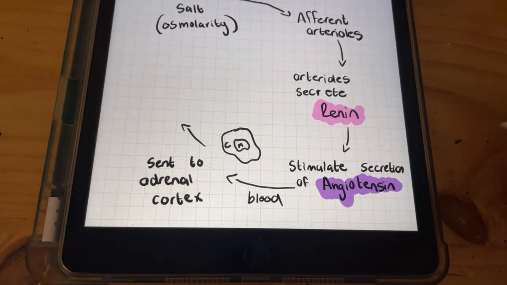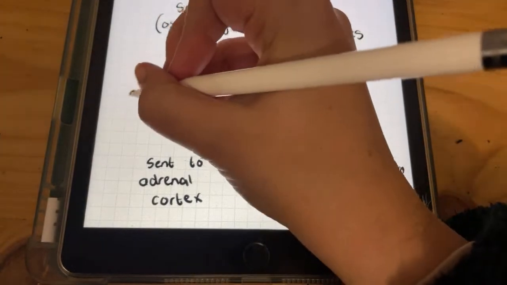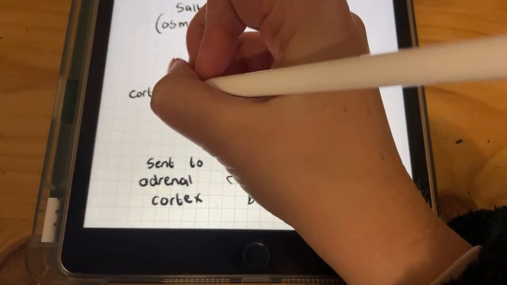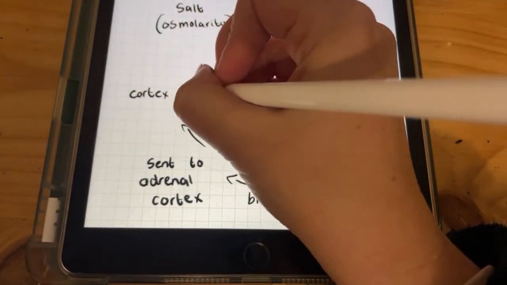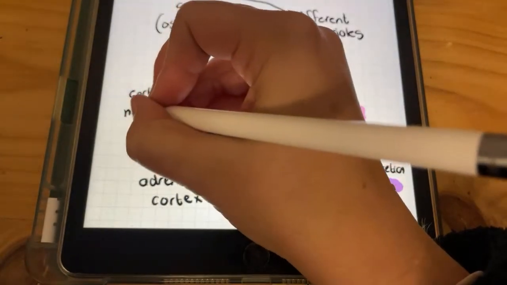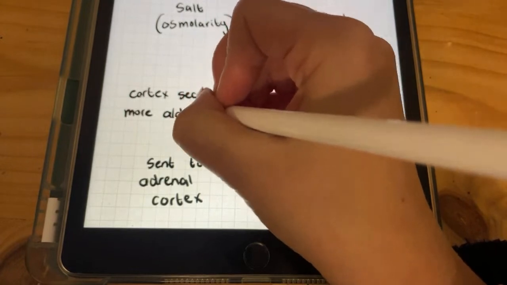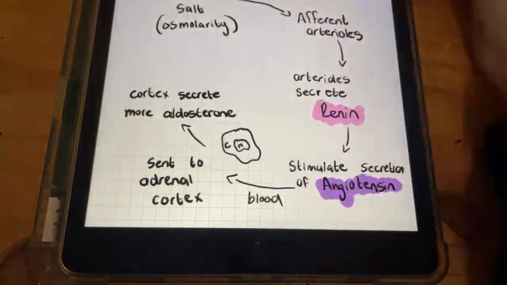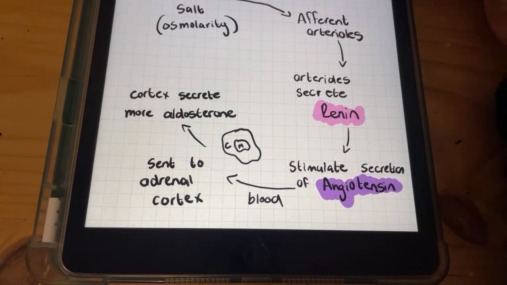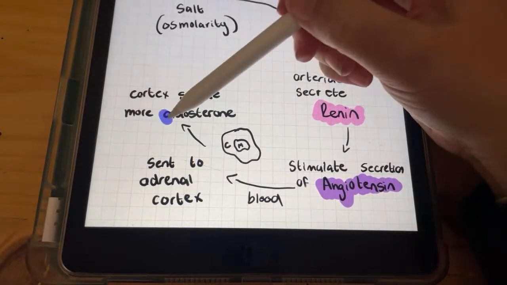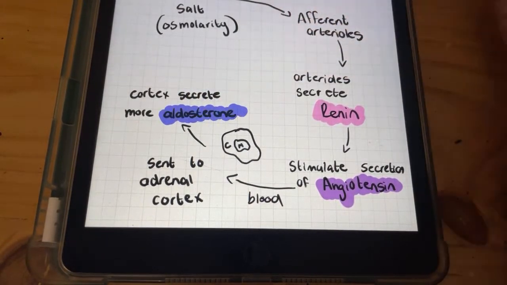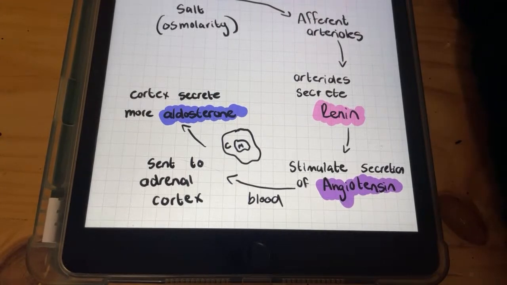From there, the adrenal cortex is going to secrete more aldosterone into the blood, which means, yay, finally we get to aldosterone. So that's finally the hormone.